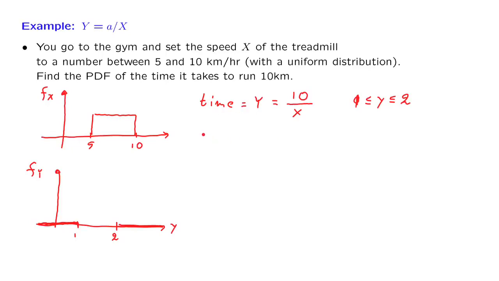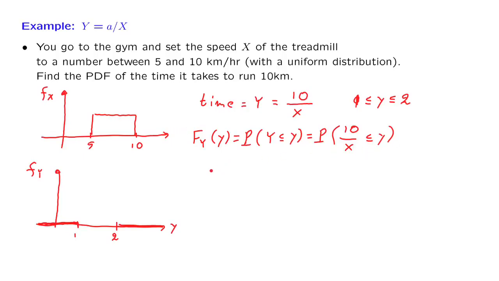And now we start with our two-step program. We want to find the CDF of y, namely the probability that capital Y takes a value less than or equal to a certain little y in this range. We recall the definition of capital Y. So now we're dealing with a probability problem that involves the random variable capital X, whose distribution is given to us.